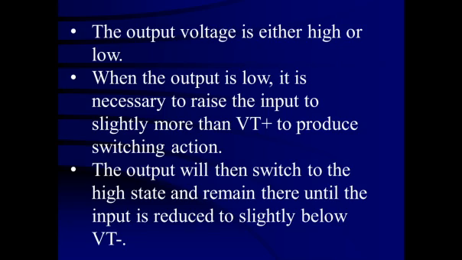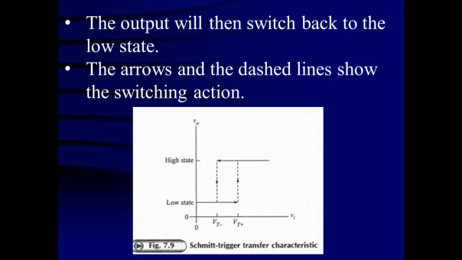Now, if you want to switch back, what you have to do is reduce the input voltage, and when the input voltage is reduced below VTH minus, the output swings back from high to low. That kind of waveform you can see in this circuitry. The output will then switch back to the low state. The arrows and dashed lines show the switching action.